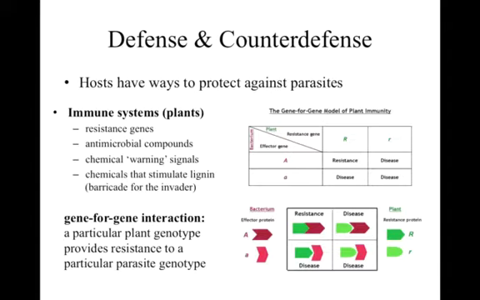Now, the interesting thing though is that the plant tends to have many different resistance proteins, but each resistance protein only locks onto one particular parasite. It only locks onto a parasite of exactly the right shape. And so you can see that in that figure down on the bottom, in the top left, we have the big R protein perfectly matching the big A protein on the bacterium.